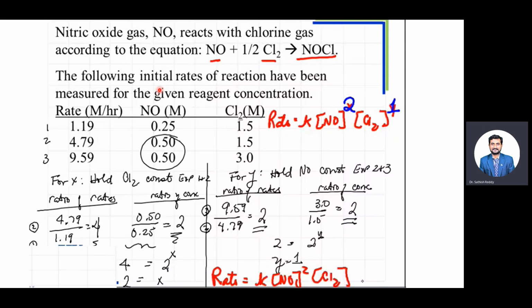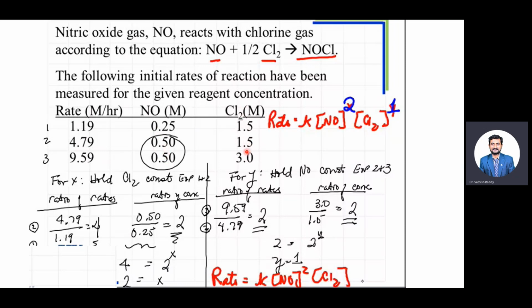The following initial rates of the reaction have been measured for the given reagent concentrations. The rates are 1.19, 4.79 and 9.59 moles per hour, and the NO concentrations in molar are 1.25, 1.5, 1.5.